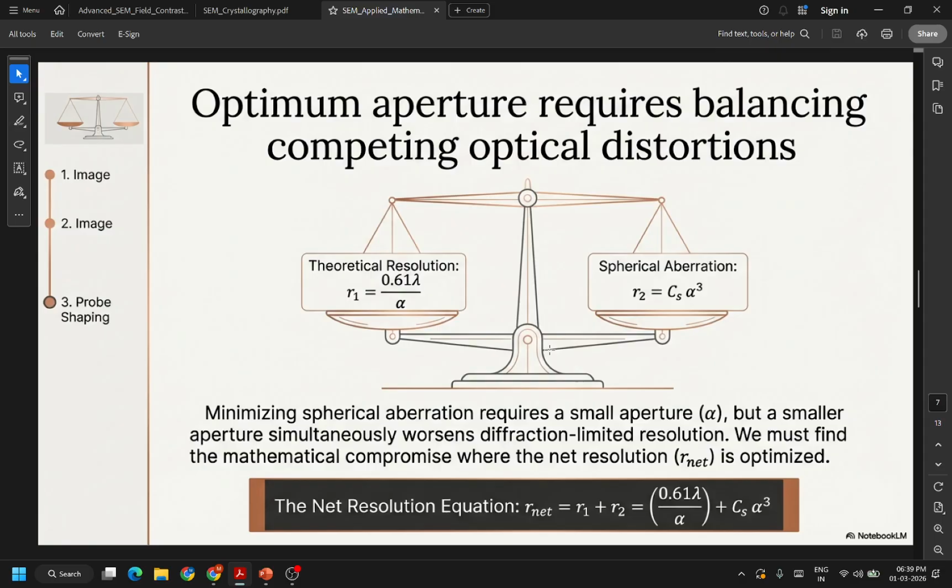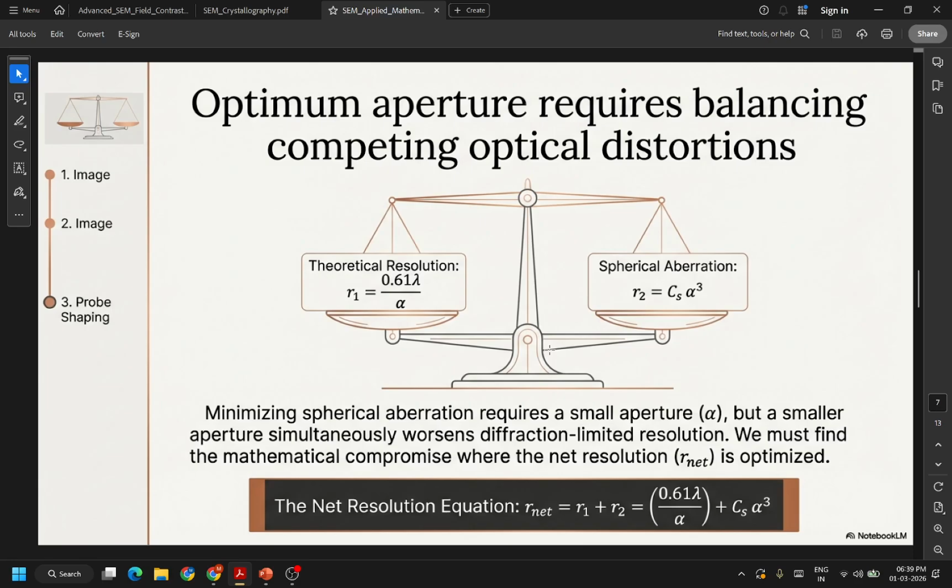To minimize spherical aberration you want a small aperture, but it also worsens your diffraction limited resolution. For diffraction limited resolution you want a larger aperture. So we want a mathematical compromise where the net resolution is optimized.